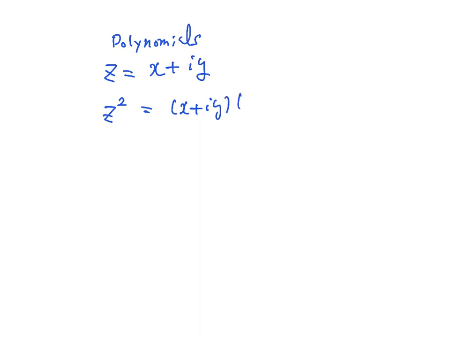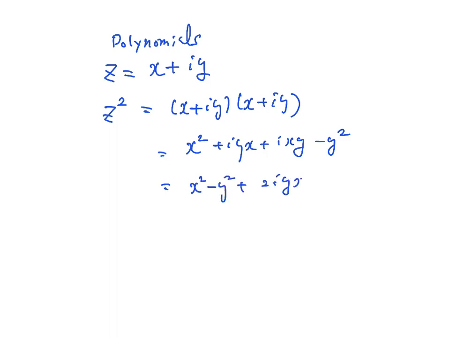Polynomials. Say z = x + iy. Then z squared is (x + iy)(x + iy), which is x squared plus iyx plus ixy minus y squared, so x squared minus y squared plus 2ixy.